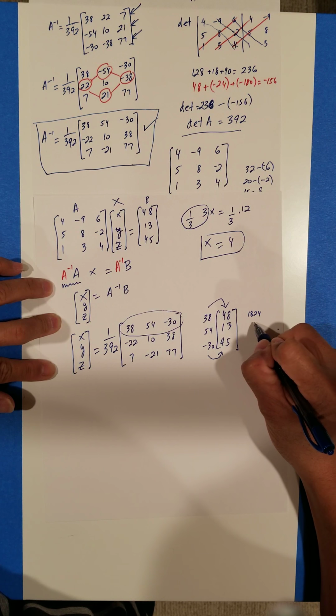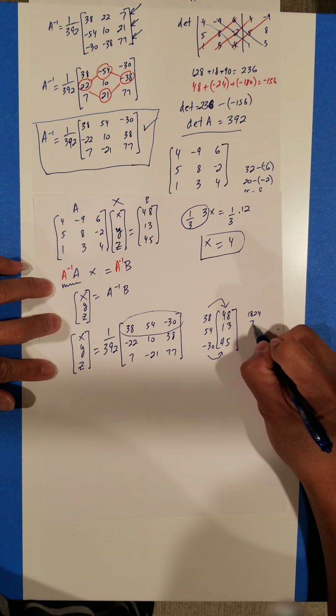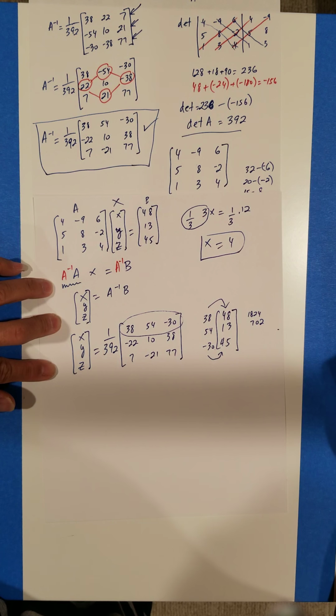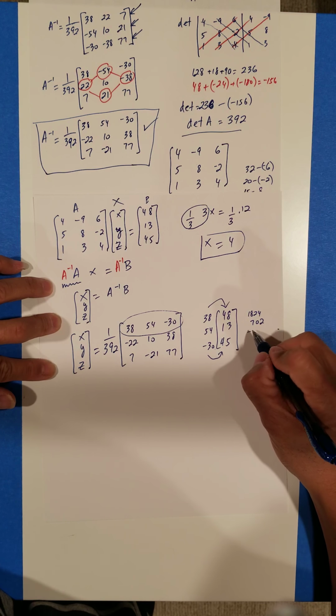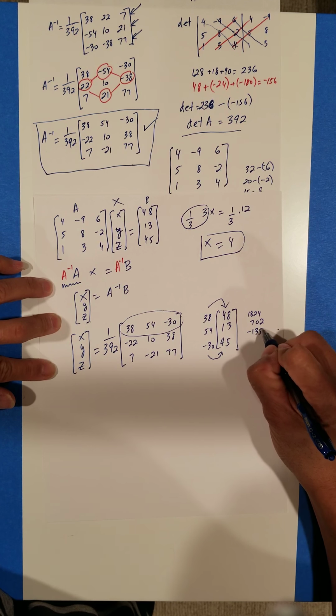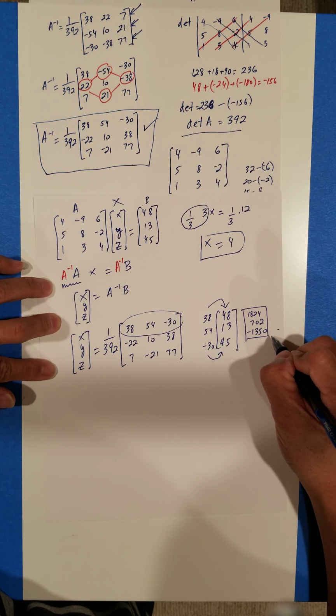And I'm going to add 54 times 13, which gives me 702. And then negative 30 times 45, which looks like negative 1,350.